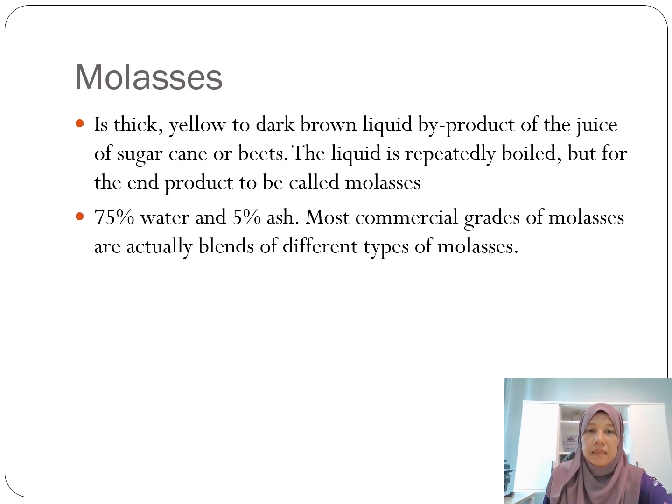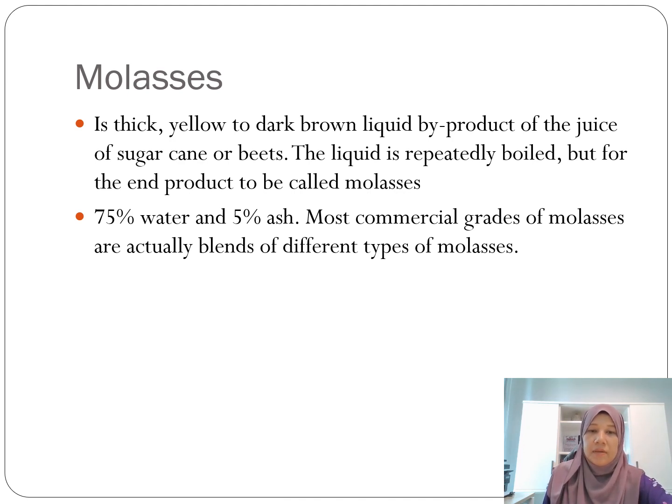It is actually a thick, yellow to dark brown liquid byproduct from the sugar cane or beets. The liquid is repeatedly boiled, and after that the end product from the boiled liquid is called molasses.